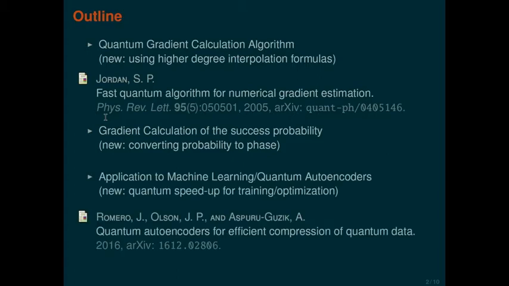I show how it fits many machine learning applications, like quantum autoencoders, quantum optimization algorithms, and so on. And on the quantum autoencoder side, there was an interesting paper at the end of last year. I want to show this application, particularly this problem.